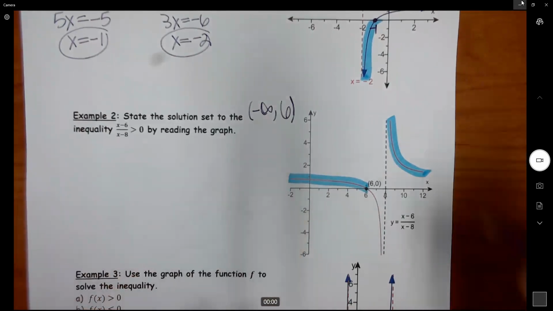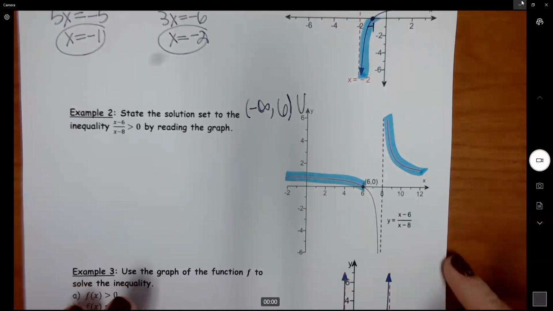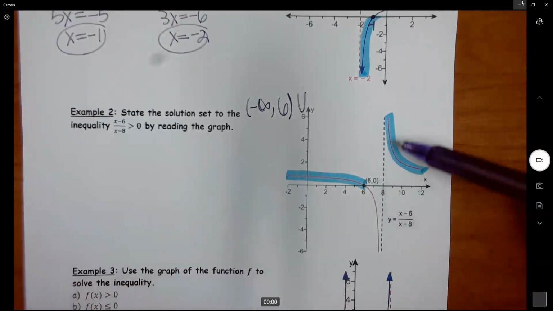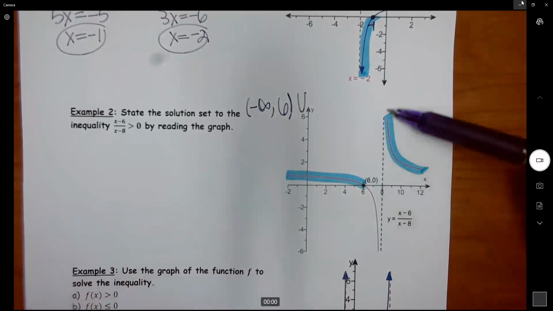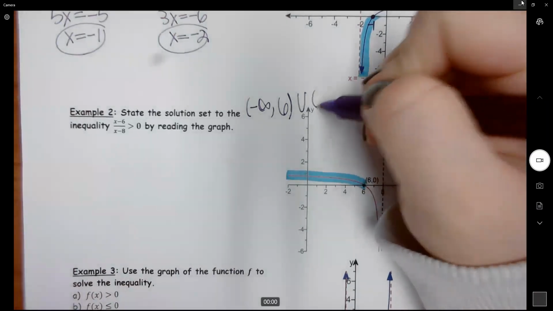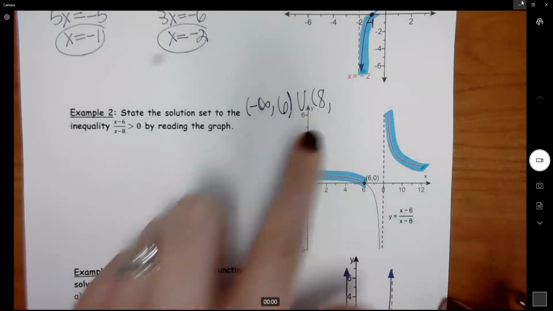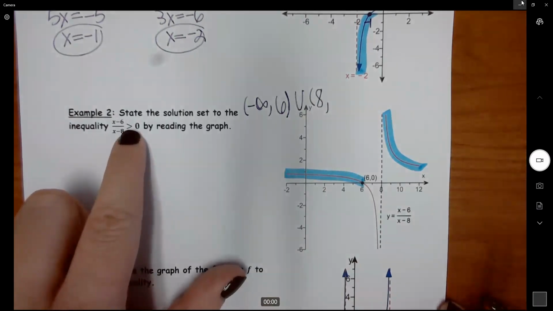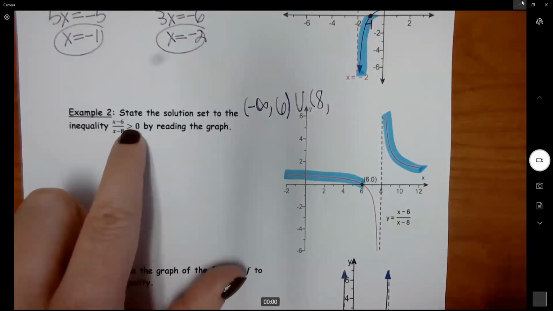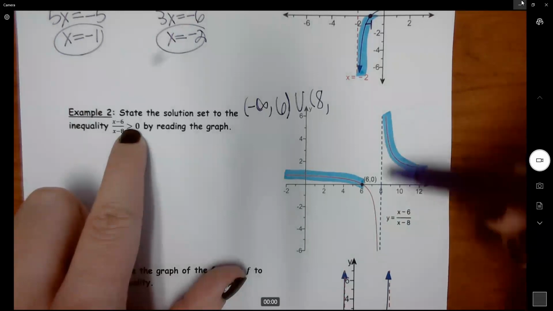Because we have our two portions, we have the union. Then this is approaching this vertical asymptote right here at 8. So this 8 is going to get parentheses, whether this was greater than, or even if it was greater than or equal to, it still would get parentheses here because of that vertical asymptote.